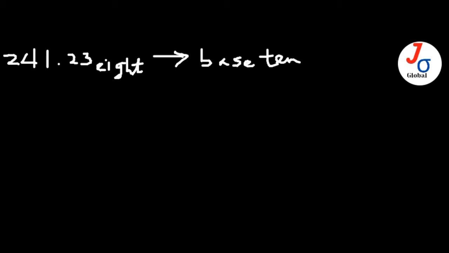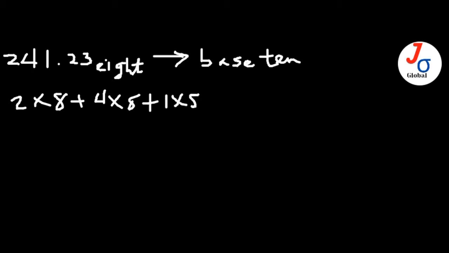We're going to do that by expansion, and we're going to have 2 multiplied by the base 8, plus 4 multiplied by the base 8, then plus 1 multiplied by the base 8, then you have your decimal point, and I have 2 multiplied by base 8 plus 3 multiplied by base 8.